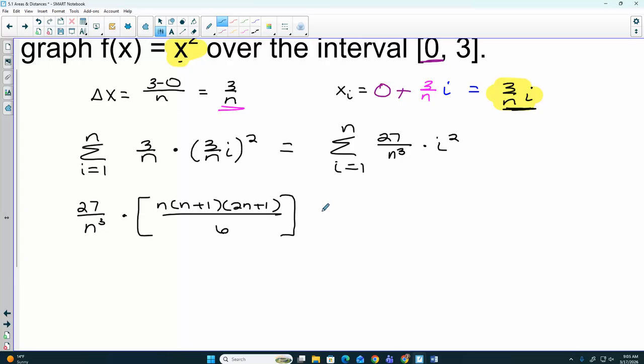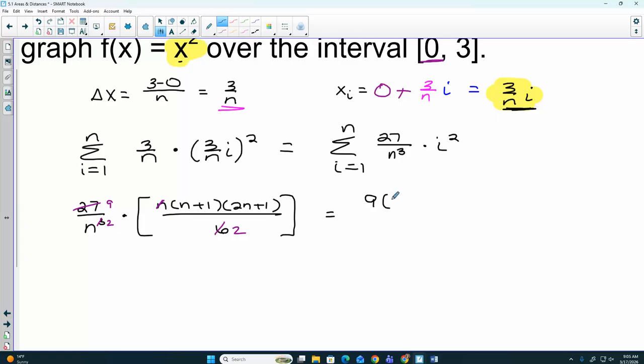Now, this is just a matter of working it out. My summation is gone because I used the sum formula. We could cancel one of these n's. And if you wanted, you could reduce 27 and 6. Now we're just going to multiply things out. So I have 9.